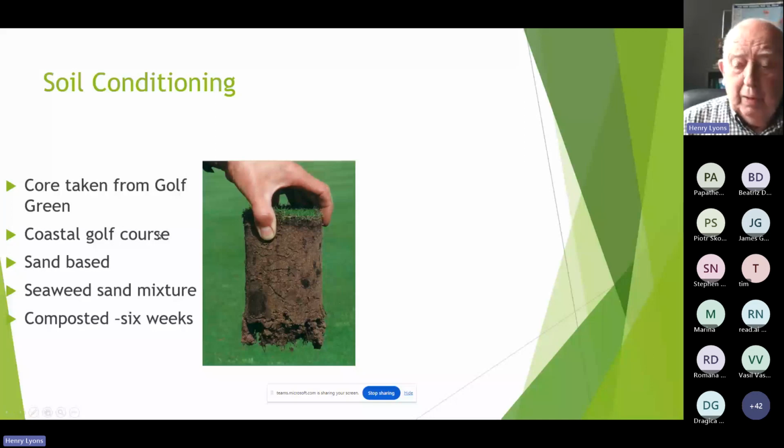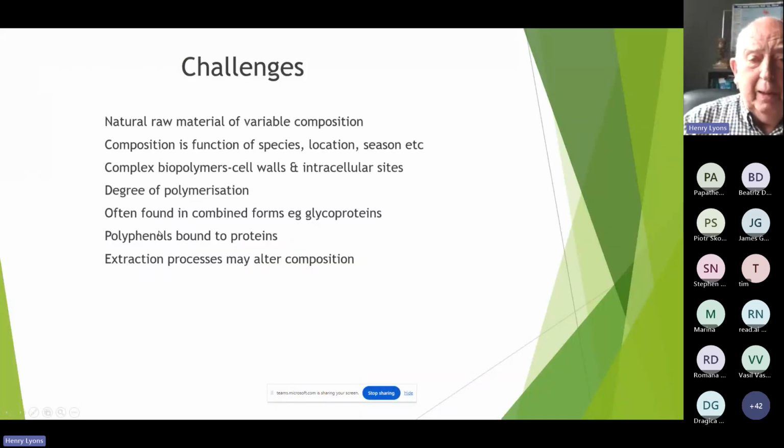The challenges for anybody manufacturing are going to be variable composition of raw material, and the actual composition will depend on the species, where it was harvested, the time of the year, and so on. This shouldn't go on for much more than 5 more minutes, hopefully. So it's not an easy process.